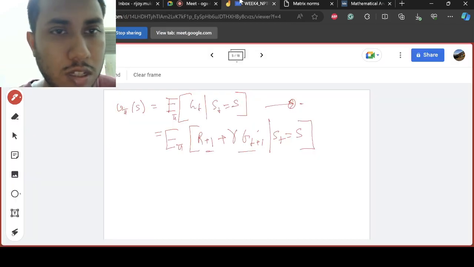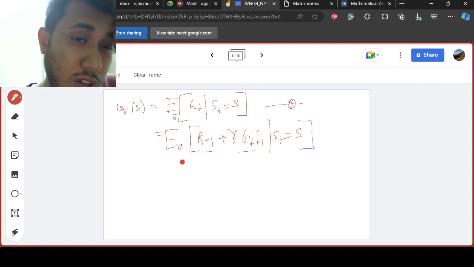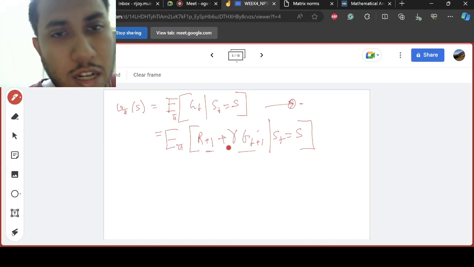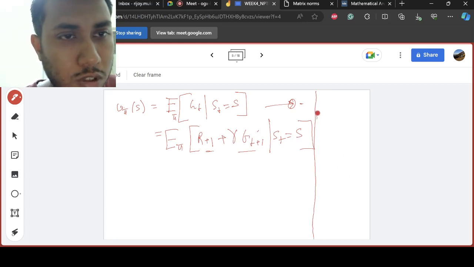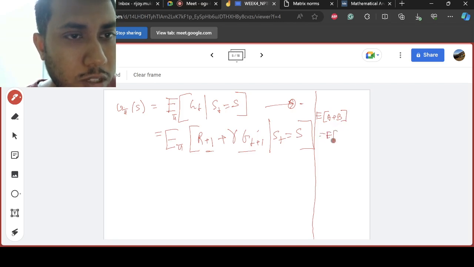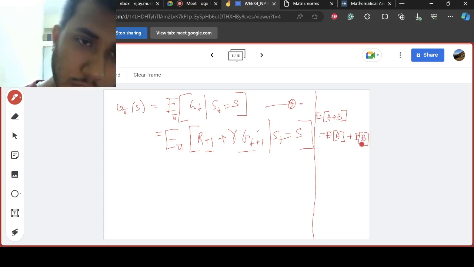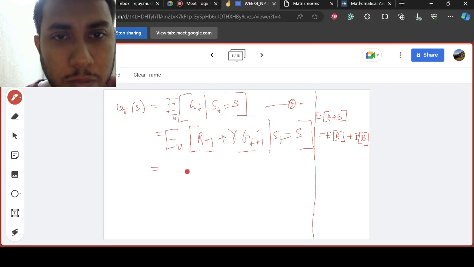One thing you can see is the expectation. If you remember the equations for expectation, the expectation of a plus b is equal to the expectation of a plus the expectation of b. In a similar way we can divide this up.